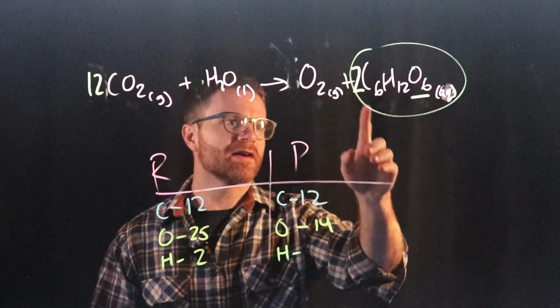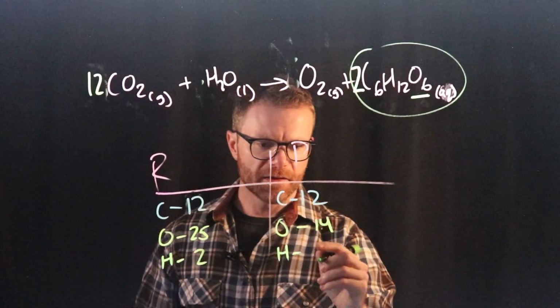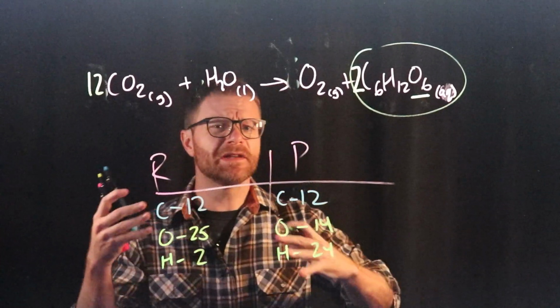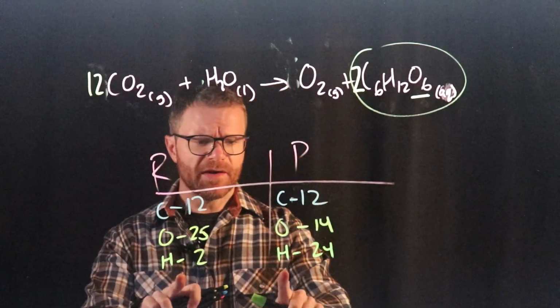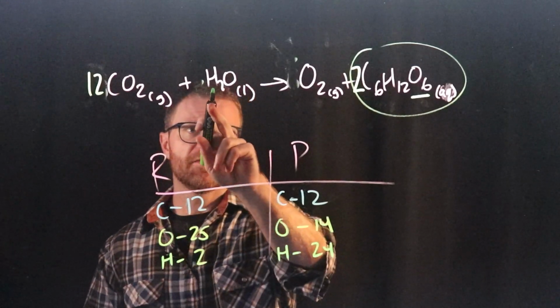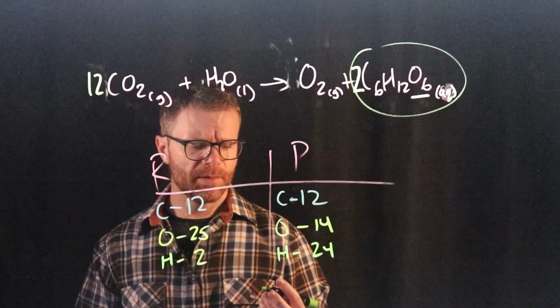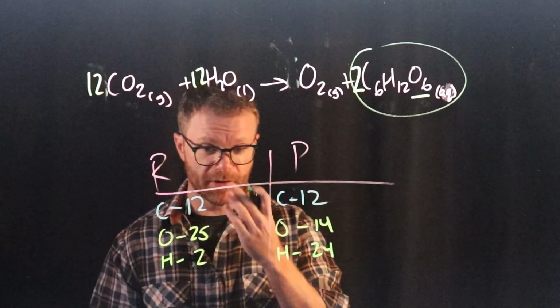And here in my products, I have 24. Okay, let's just keep going. So we're just attacking this problem in a different way. I'm going to need to balance out these hydrogens, and that's actually going to be pretty easy. So in order to get 24, how many groups of 2 am I going to need? I'm going to need 12 of those. So let's put a 12 in front of that.